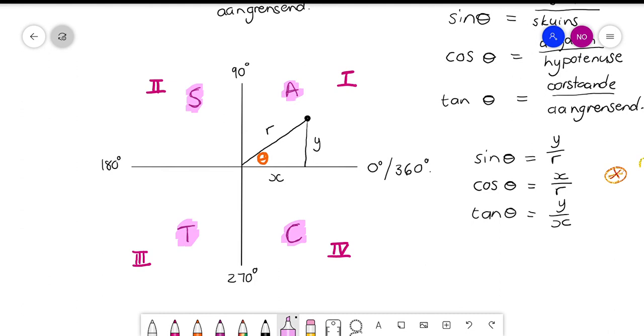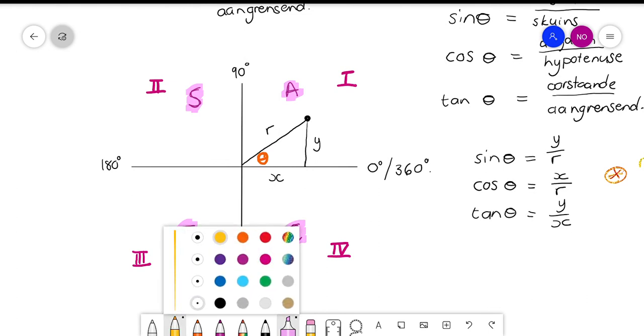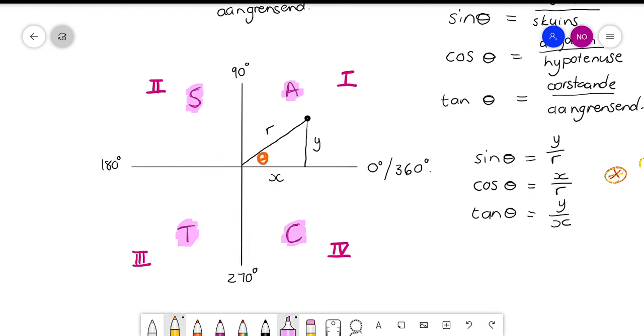Now if we go to quadrant 2, note that x will be negative, but y will be positive. Do you guys agree? So only one of our functions will be positive, and that's sine. Because if you look at this, do you agree it's positive divided by positive? Which is a positive.